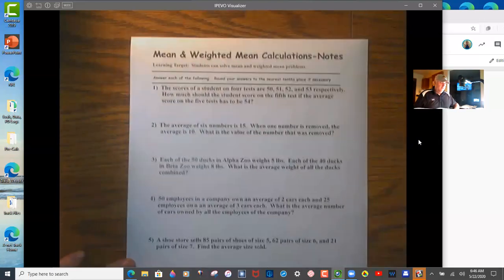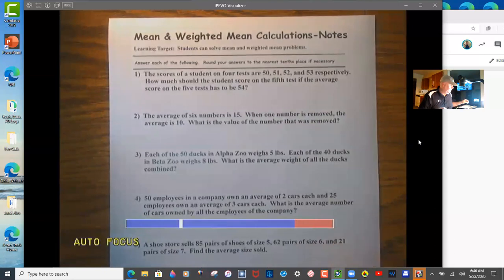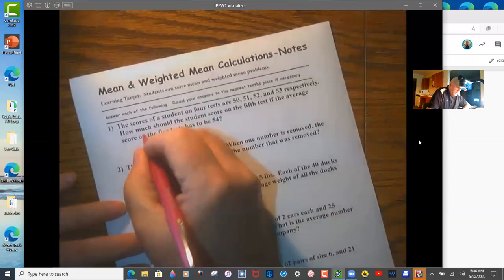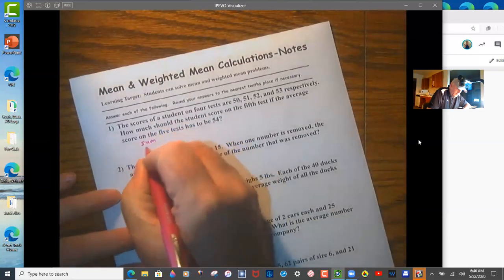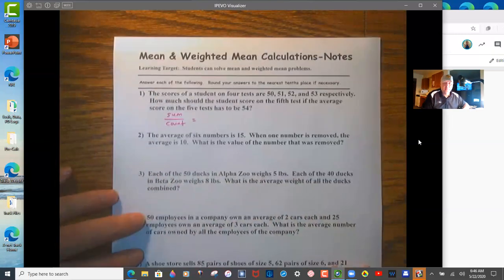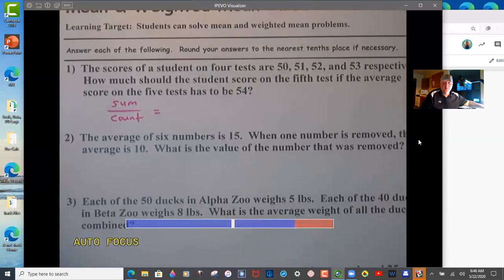So we start off in the notes with just a couple of problems that deal with strictly the mean. It's not a weighted mean yet. So we are considering the sum over the count on the first two here. Zoom in a little bit.